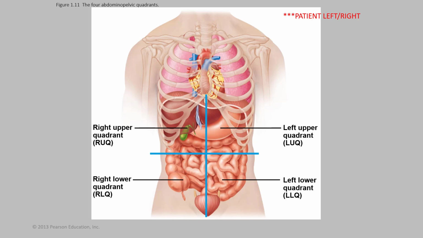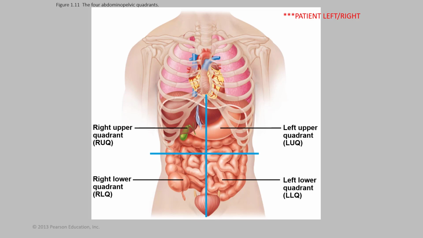So we can see looking at this, they're switched from us. So the patient's right upper quadrant, right lower quadrant, left upper quadrant, and left lower quadrant.